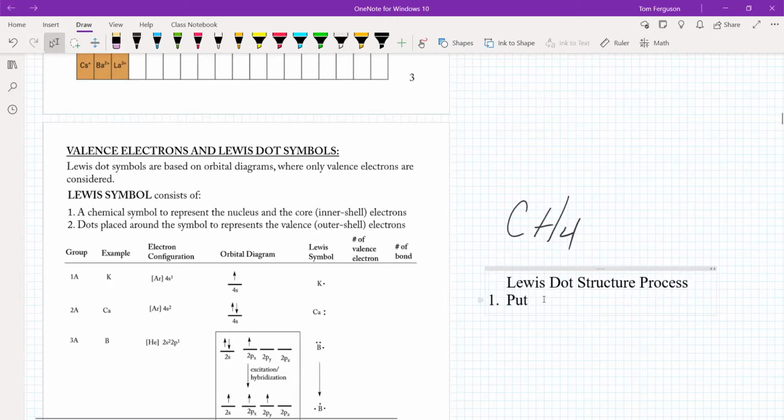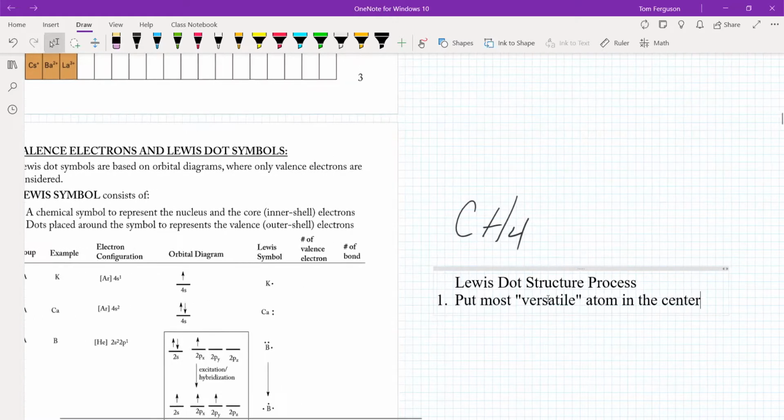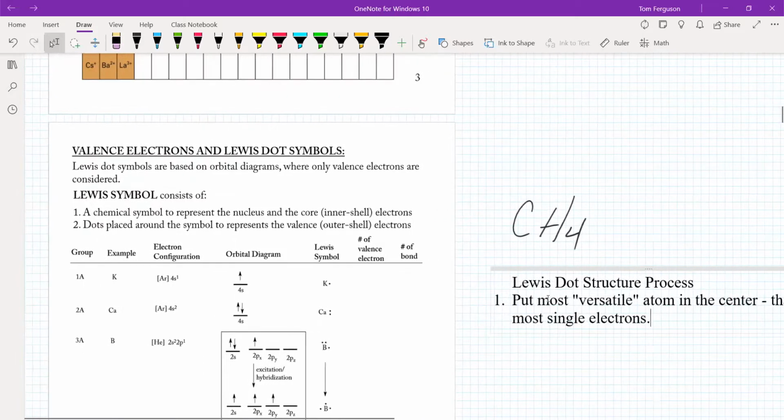Step number 1 is put the most versatile atom in the center. That is the one with the most single electrons. So let's look at CH4.